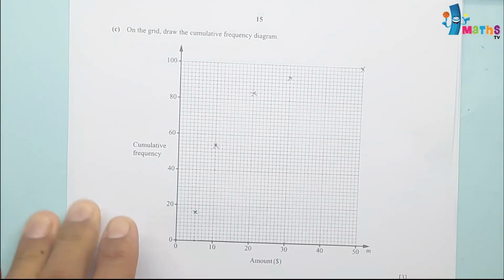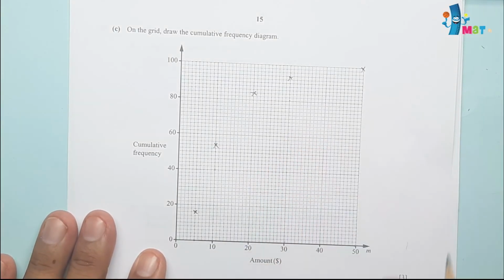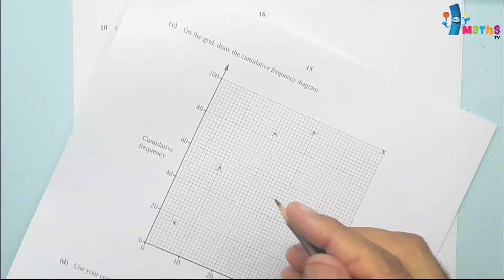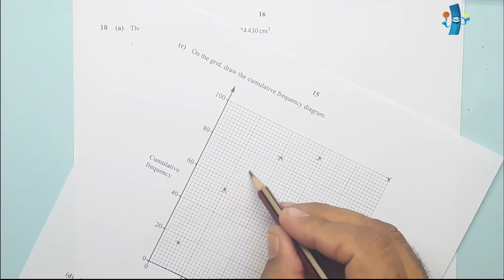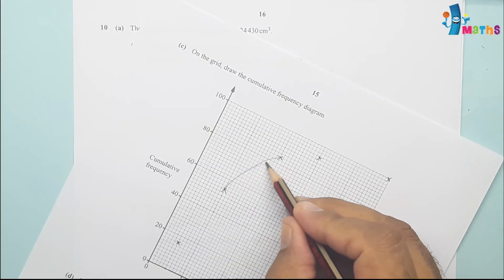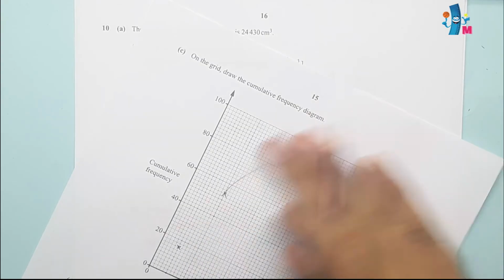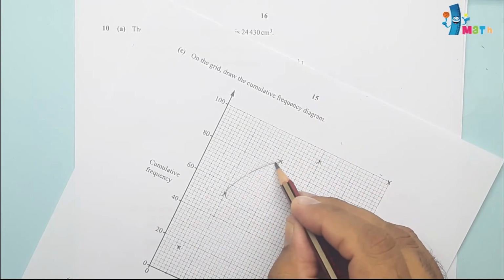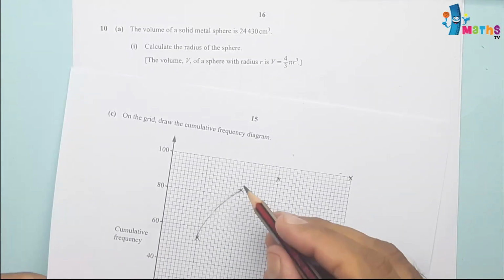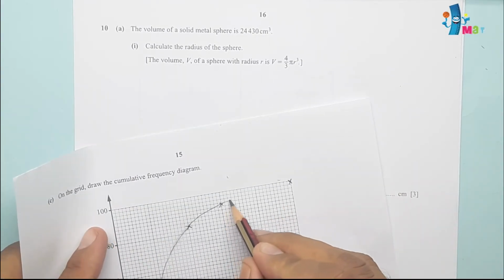Now we have to draw the cumulative frequency diagram. So the curve will be like this. A smoother curve will be required like this.